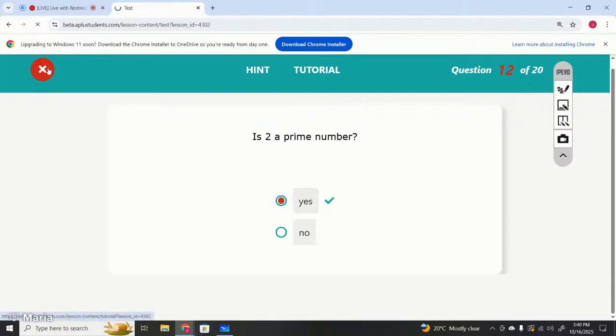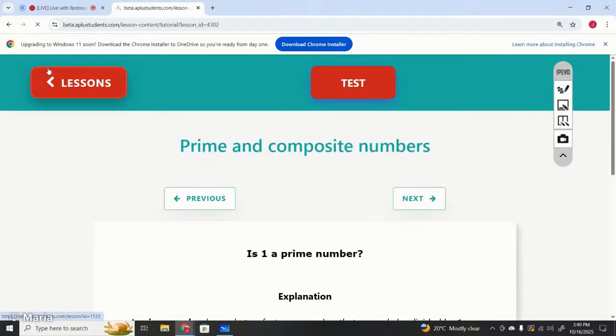Okay, you can complete the lesson by yourself later today. So the chapter we were working on is number sense.